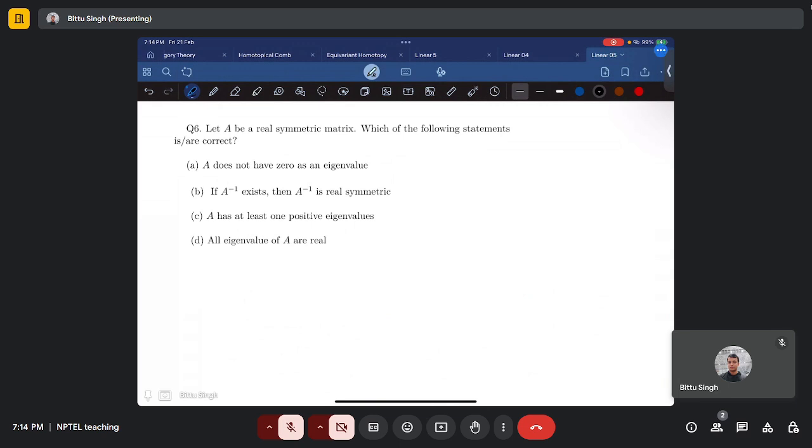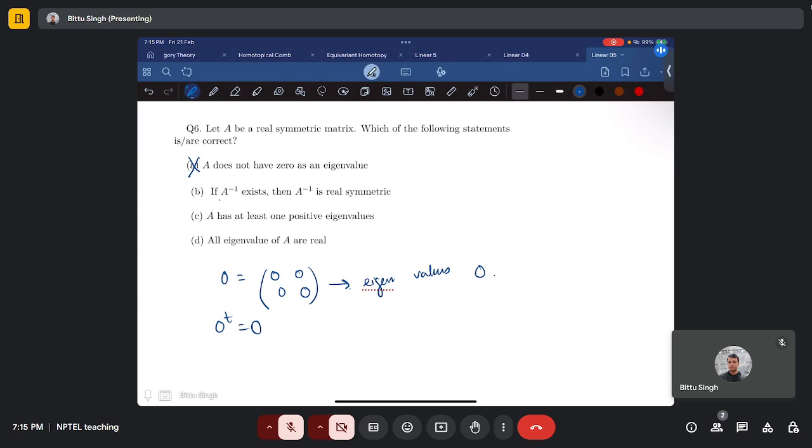But we know that just take the 0 matrix. In particular, let us consider only a 2 by 2 matrix. If we take the 0 matrix, the eigenvalues are 0. So this is certainly false. It is symmetric because 0 transpose is the same as 0.